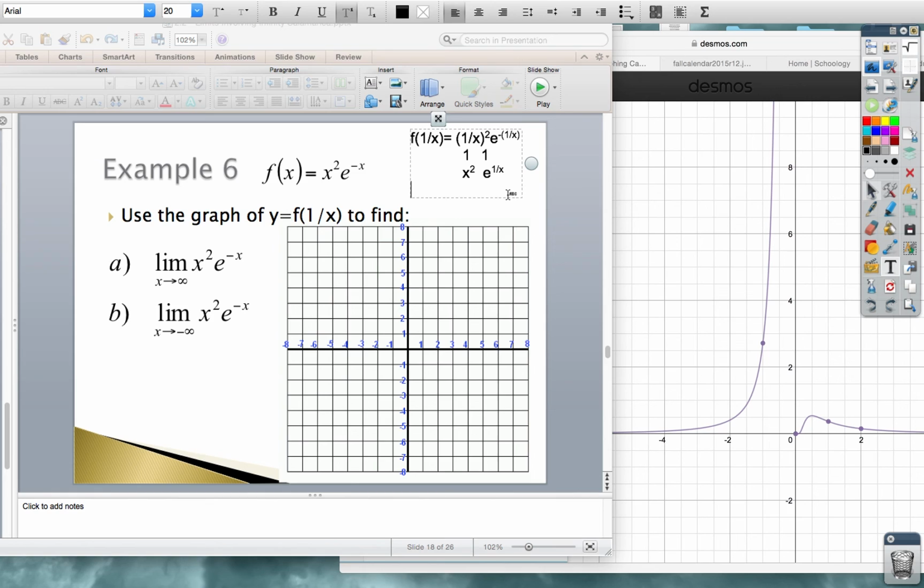Now, for this, as the limit, or for the limit, as x approaches 0 from the positive side, because we're going towards infinity, we are going to substitute these values in.